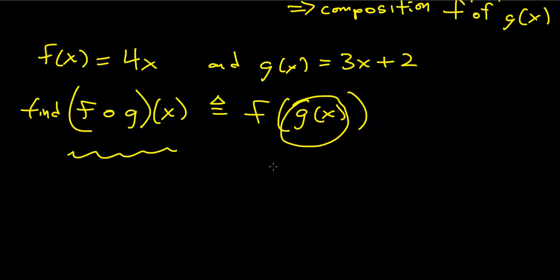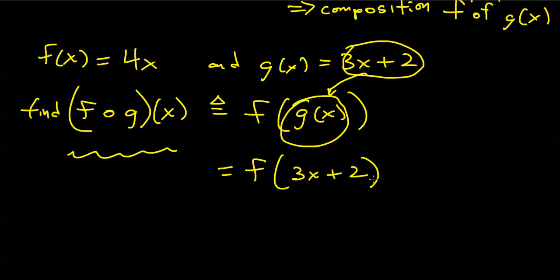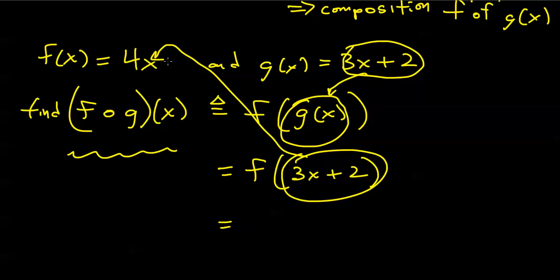So really the output of g of x becomes the input of f of x. So what I can do here is take my expression for g of x and plug it into the f input. I'll denote it like this. F of g of x is really f of 3x plus 2, because g of x is 3x plus 2. Now, the input of f of x gets plugged in for x, because f of x is 4 times x.